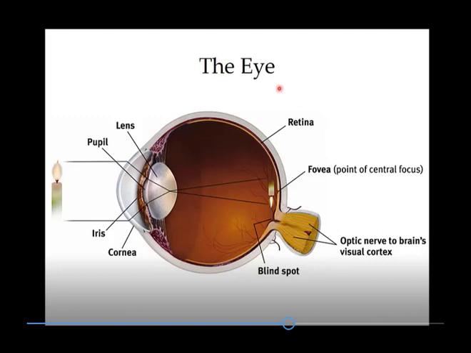So this eyeball is looking at a candle. This candle is reflecting waves of light, and they're going to come into the eye. The first thing it's going to pass through is an outer coating, hopefully a clear outer coating. Sometimes it gets a little cloudy, not usually until you're older, but that clear outer coating is called your cornea.